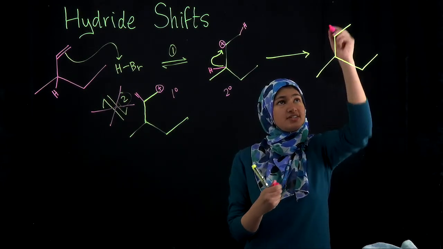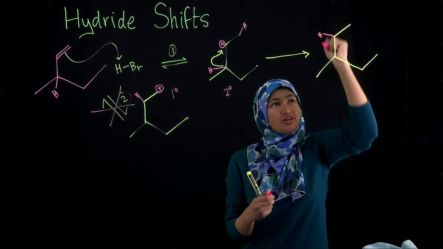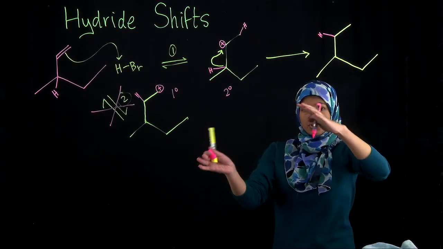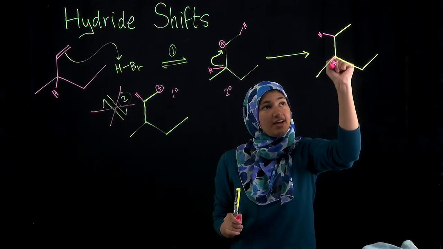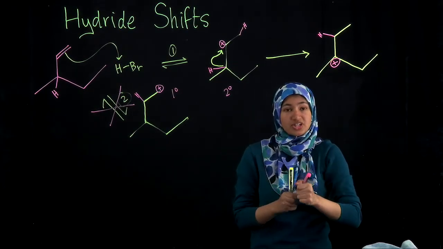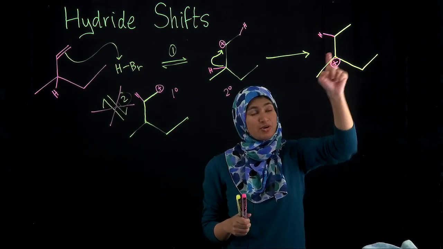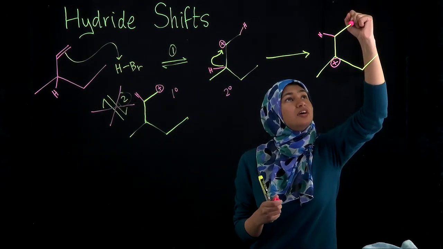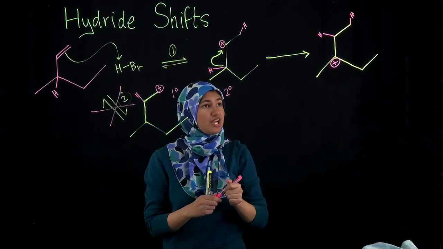Now our hydrogen is over here, and again, trace formal charge, you'll find that this carbon is electron deficient and your carbocation is now here. And you still have the original hydrogen from the reaction right there.